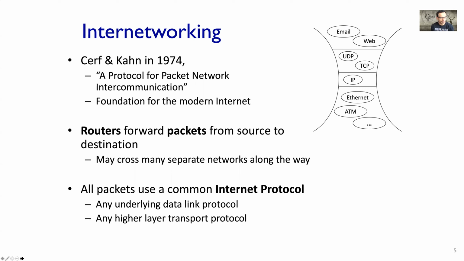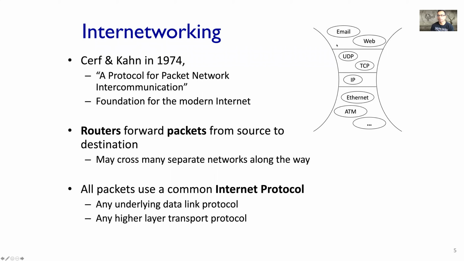You may have heard of Cerf. He is widely regarded as the father of the internet or the grandfather, whatever, right? So they came up with this whole concept of creating this IP layer, which essentially acts as a glue and allows us to connect different types of networks together, right?